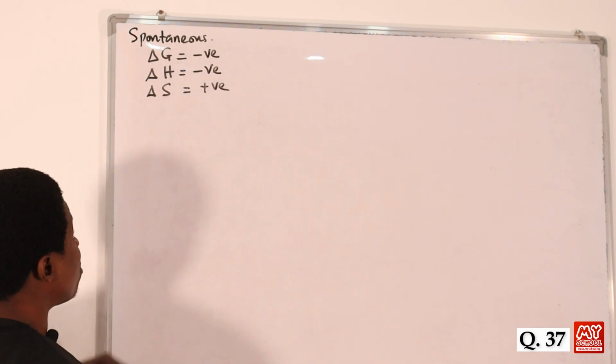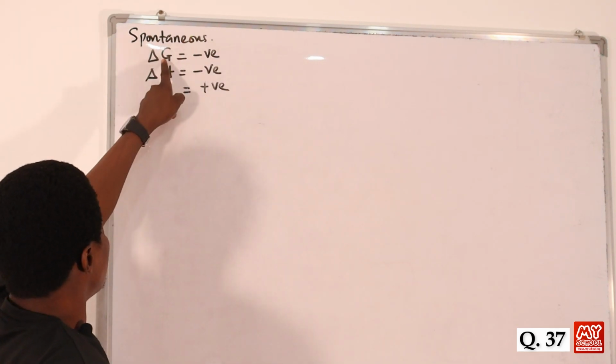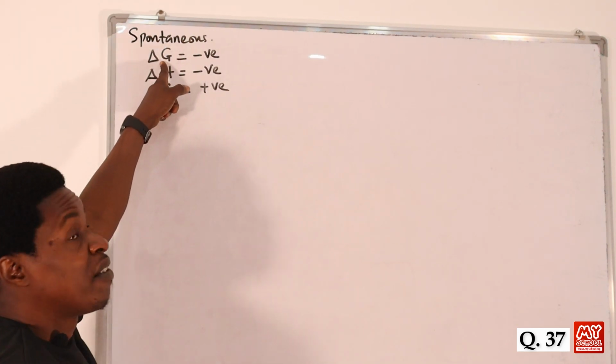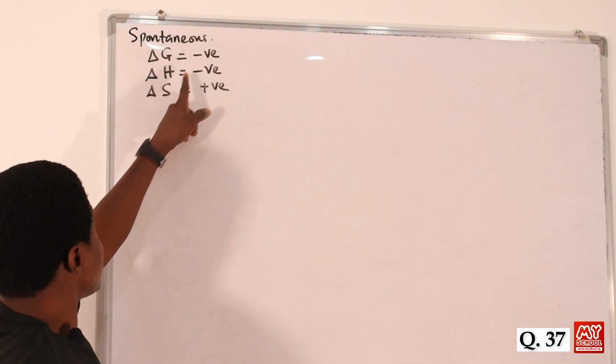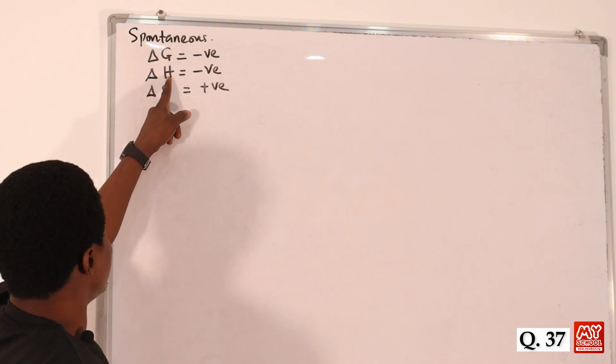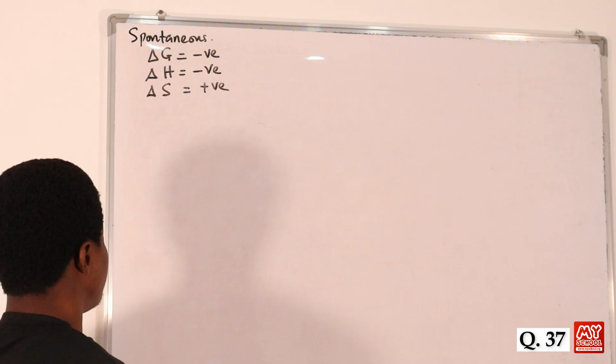These three conditions must be met for any reaction to be spontaneous. Delta G, which is the Gibbs free energy change, is negative. Delta H is negative, and delta S must be positive.